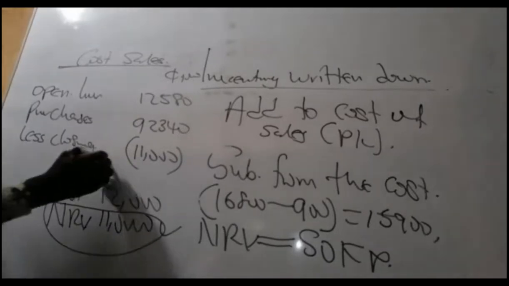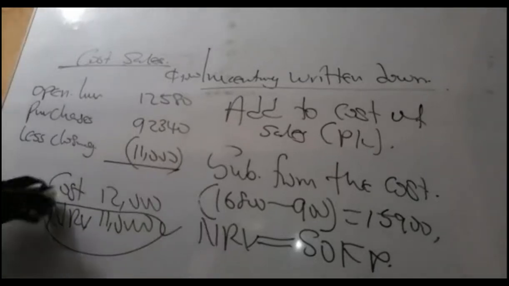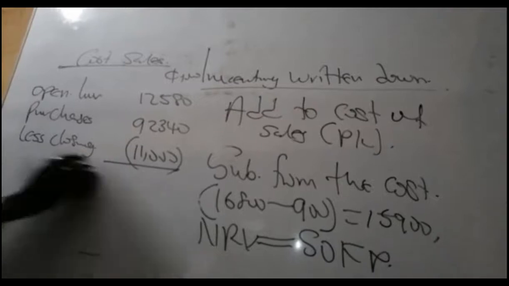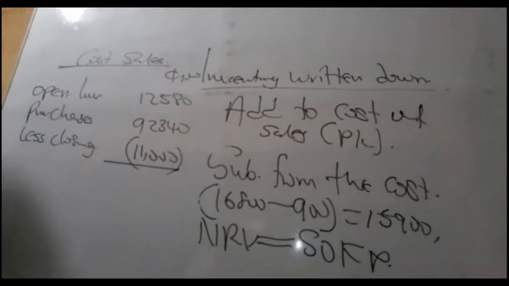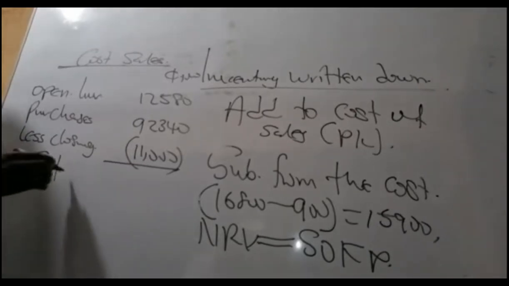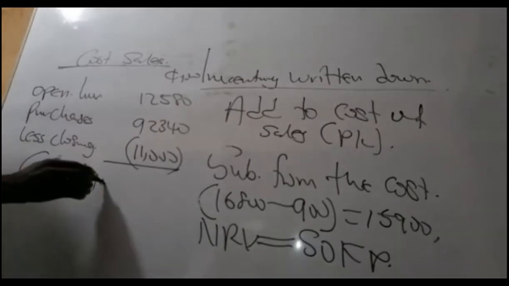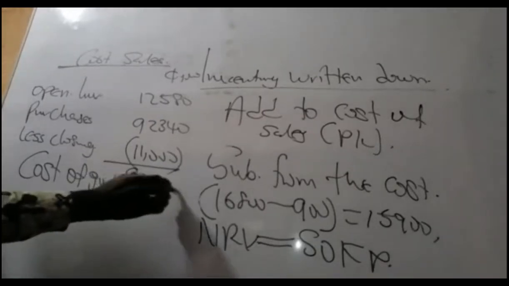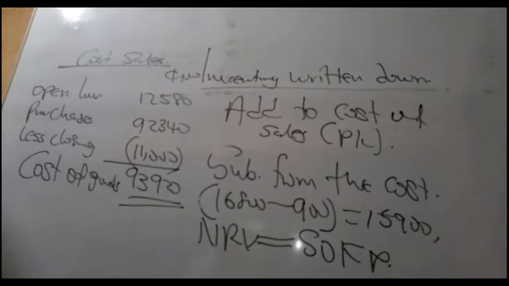So when you do this, what is the cost of sales? So that means the cost of goods sold, or the cost of sales, is 93,920.